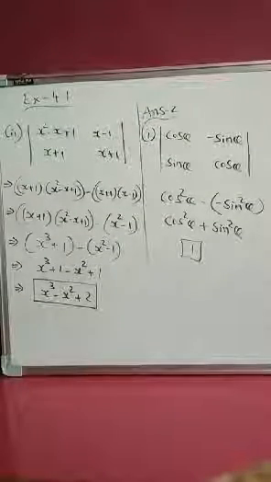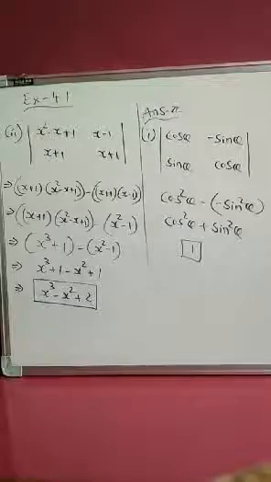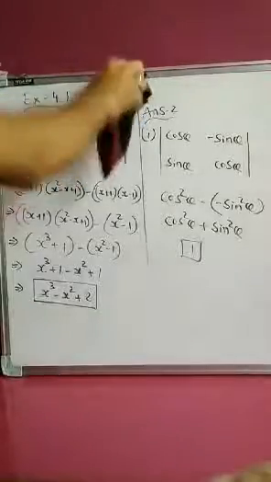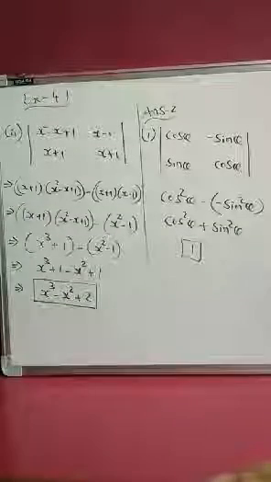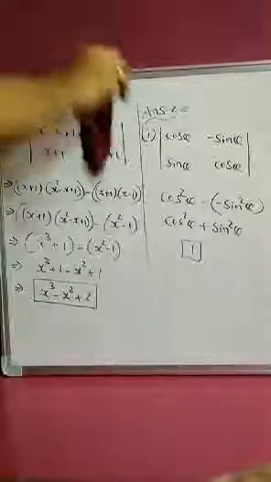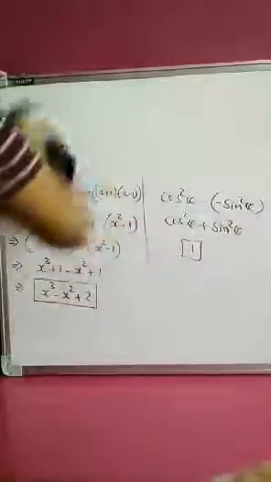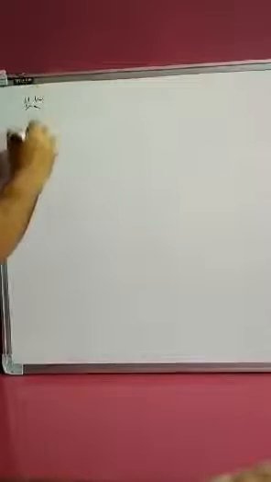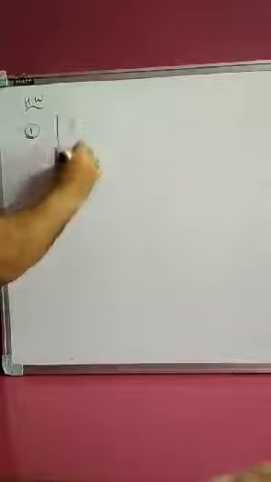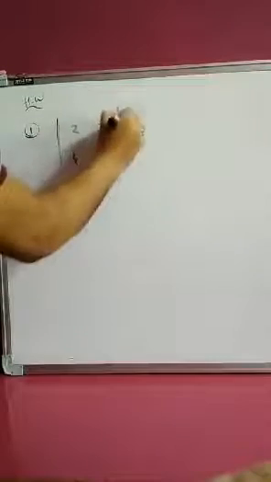Now I will give you two sums for homework. If you have not written it in your notebook, please note it down. You have to find the value of the determinant 2, 4, 2, 0.